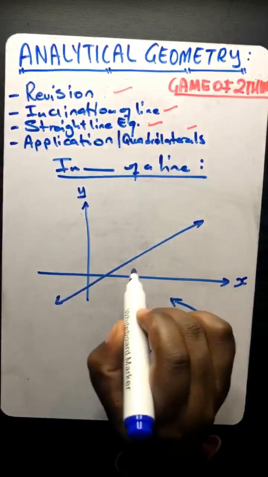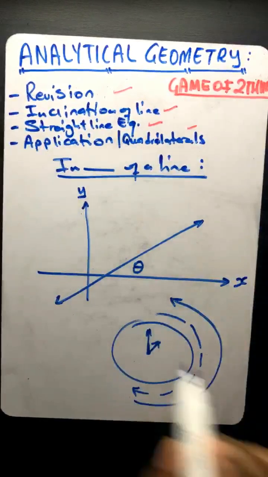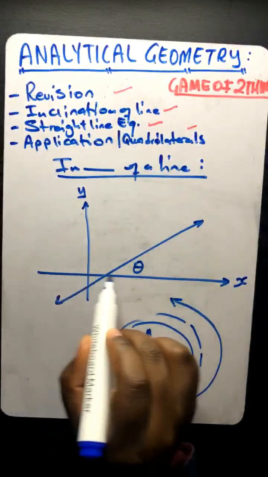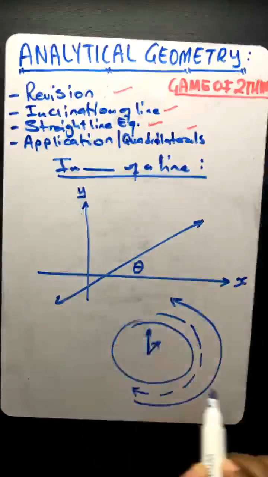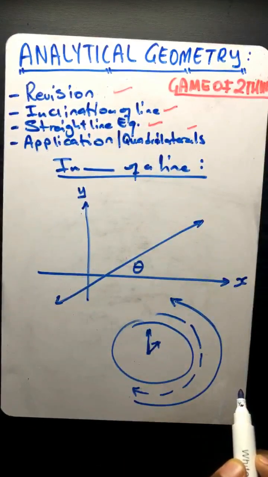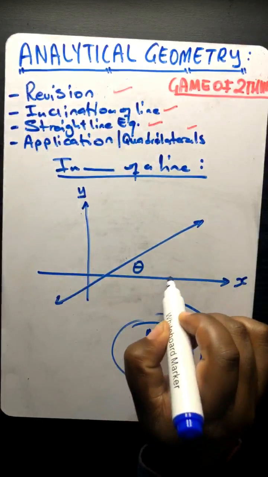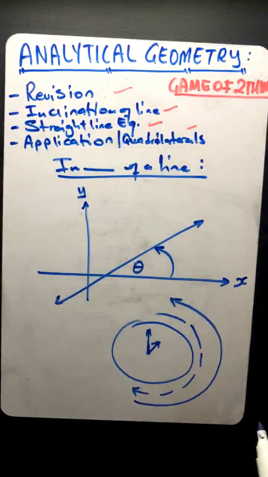So now from that statement, I said angle formed with the horizontal. Obviously, this is the angle that we are referring to. What is the horizontal? This is the line, which is the horizontal line. This angle, is it formed in an anti-clockwise or in the clockwise direction? I said in an anti-clockwise direction. That is why I'm going to have that line with an arrow in an anti-clockwise direction.